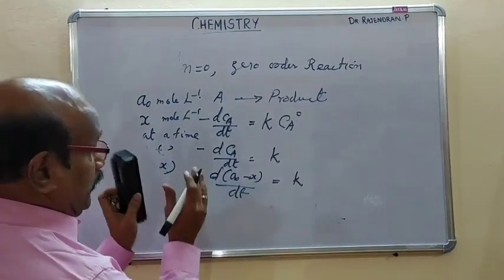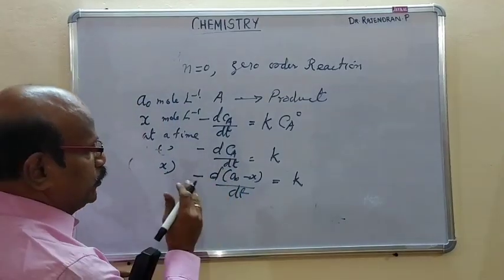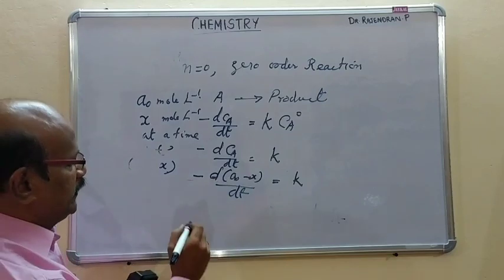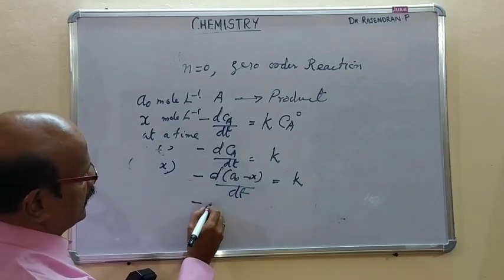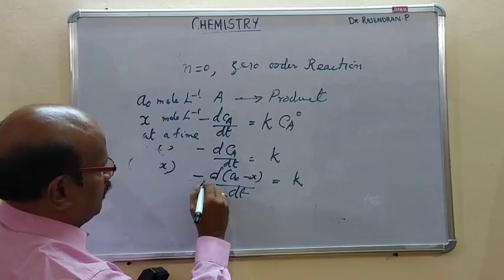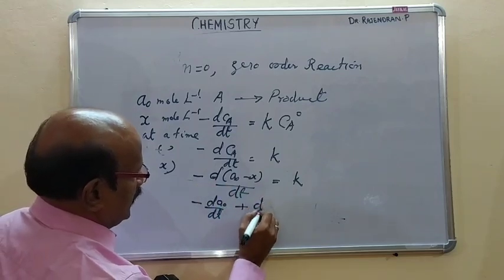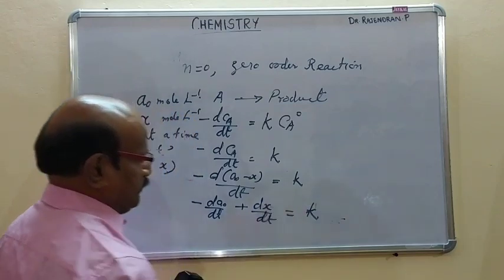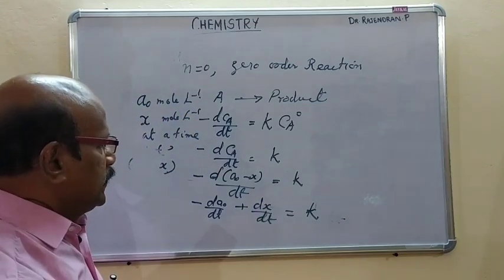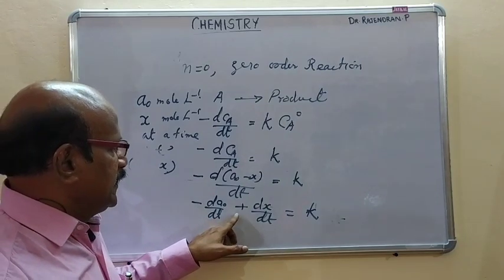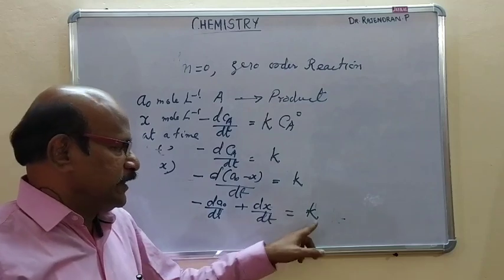Before rearrangement, we do some mathematical work here. Opening this differential equation, we can write minus dA0 by dt plus dx by dt is equal to the constant k.